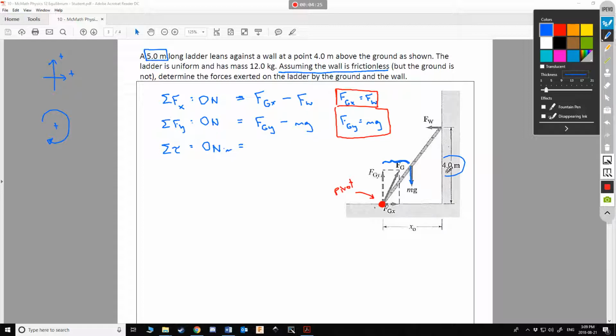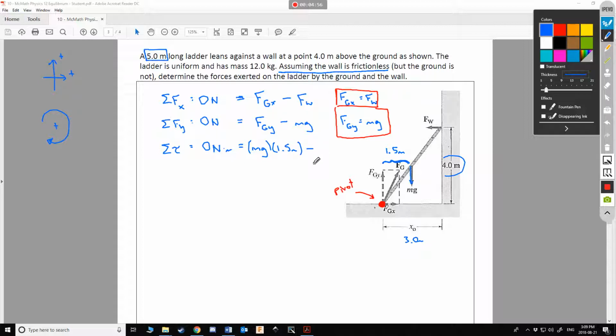So 5 squared minus 4 squared is 9, and we square root that to get 3.0 meters from end to end. However, the distance right here is actually half that, so 1.5 meters. So we end up with Mg multiplied by 1.5 meters. That is our clockwise torque.